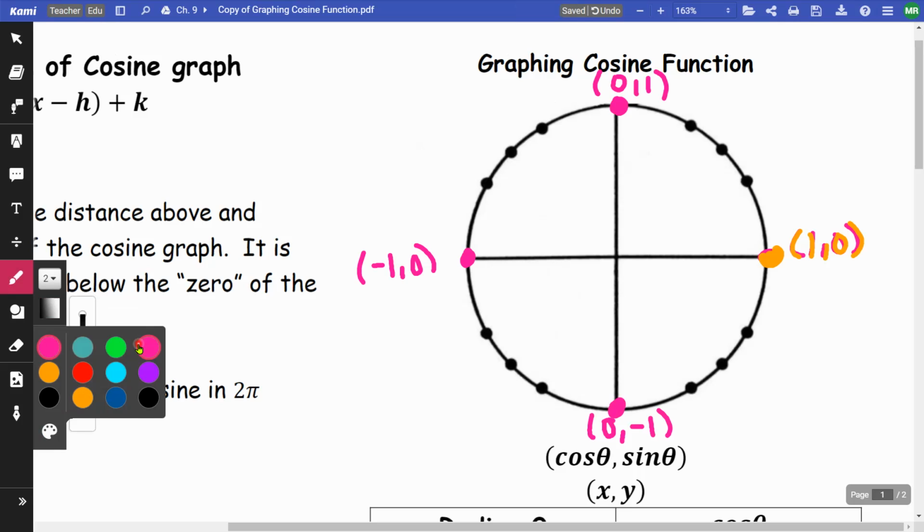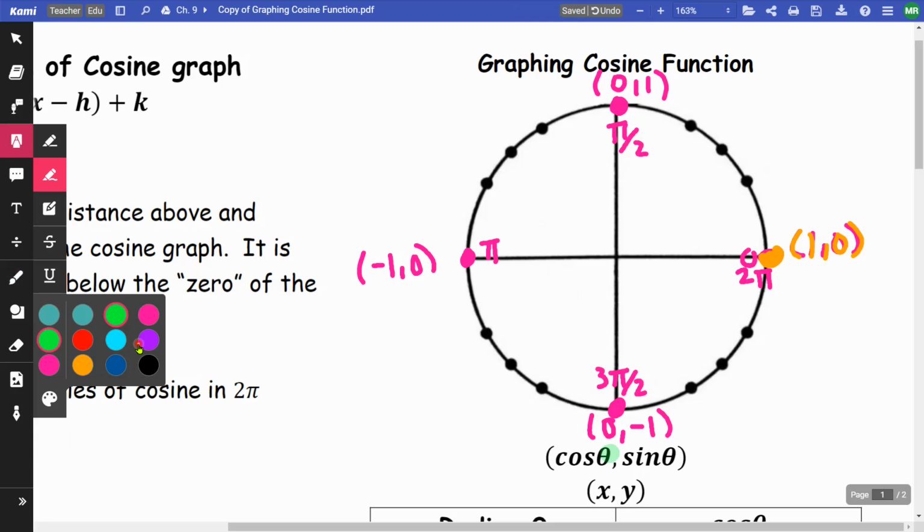Now, in terms of our radians, I'm starting at 0 radians. This is pi halves radians. This is pi radians. This is at 3 pi halves radians, and back here to 2 pi. Now your cosine is the x coordinate. So I'm going to be graphing 1, 0, -1, 0, back to 1.